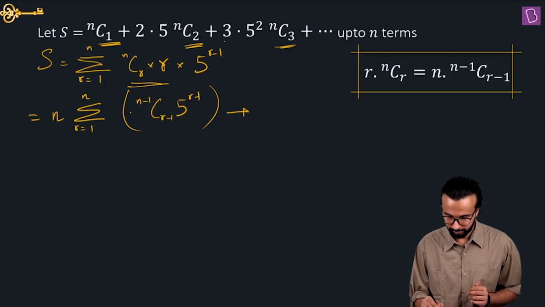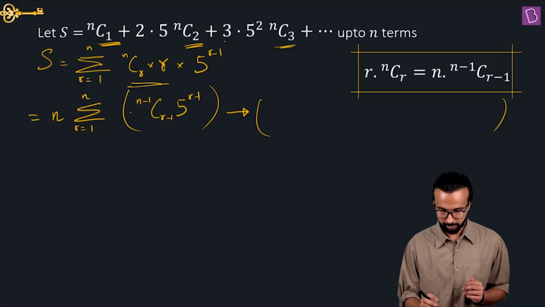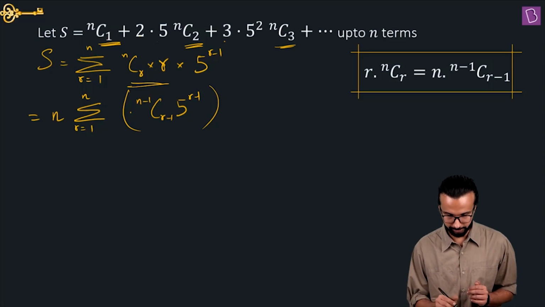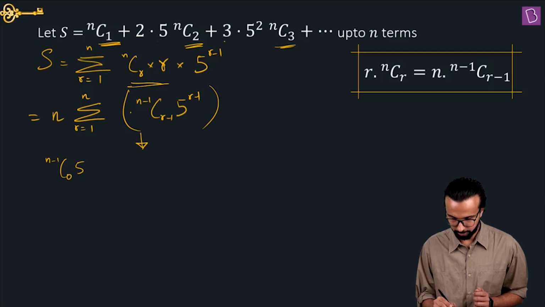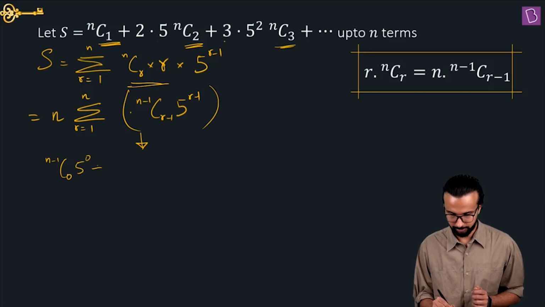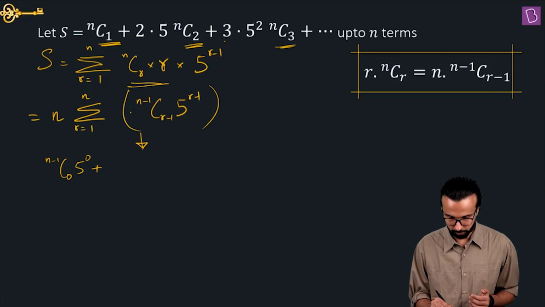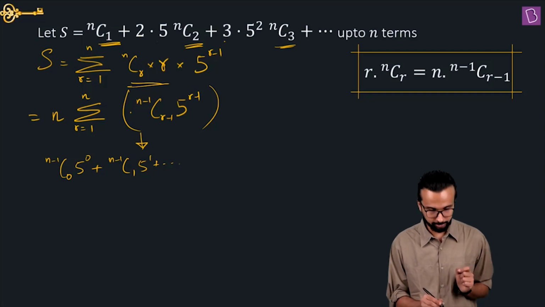Let's imagine we are expanding this here right now. So when we expand this, what do we get? When I put r equal to 1, this becomes n minus 1 C0 5 power 0. What's the next term? r equal to 2. So you get n minus 1 C1 5 power 1, all the way up till r equal to n.